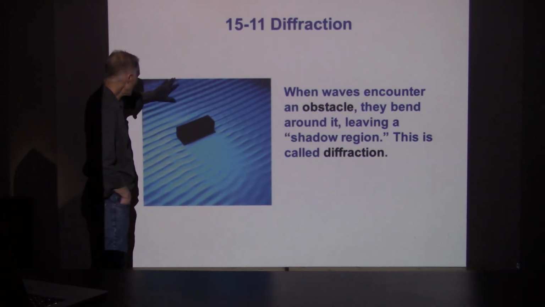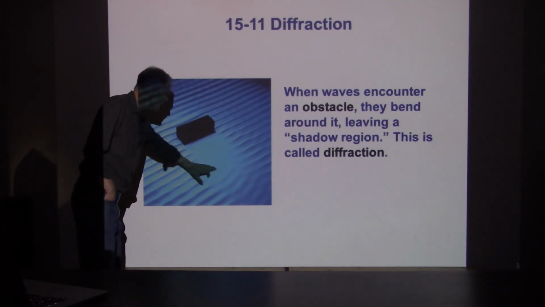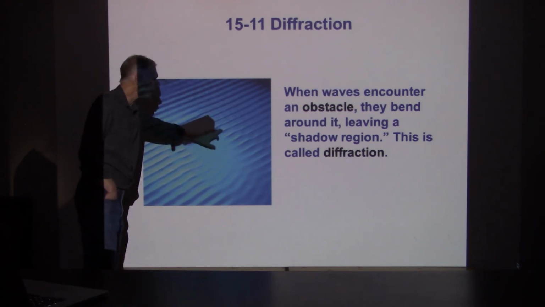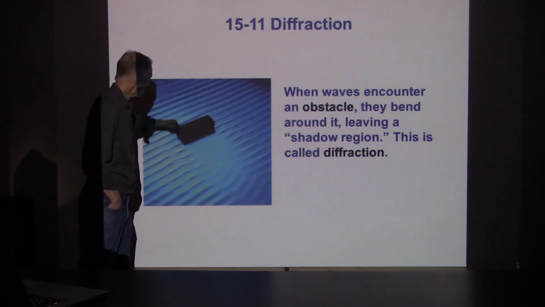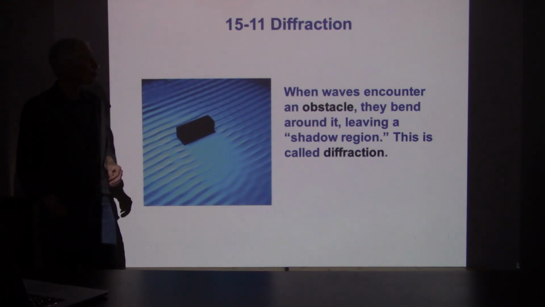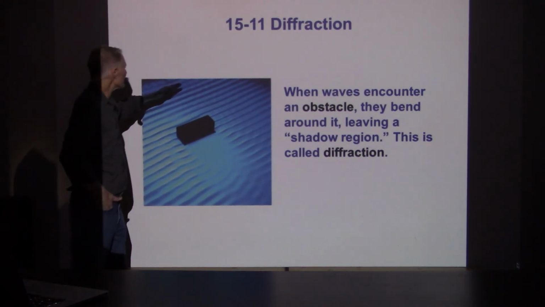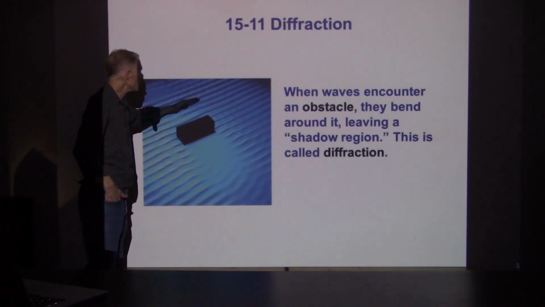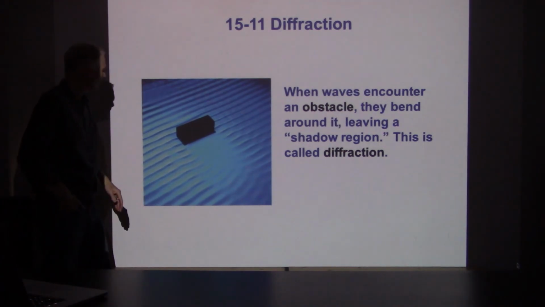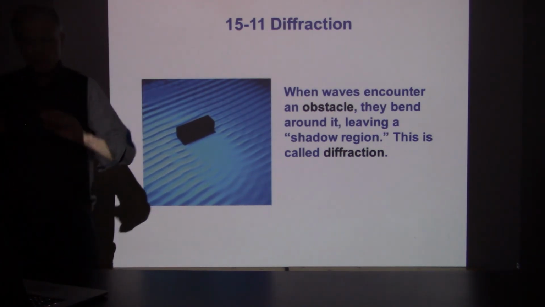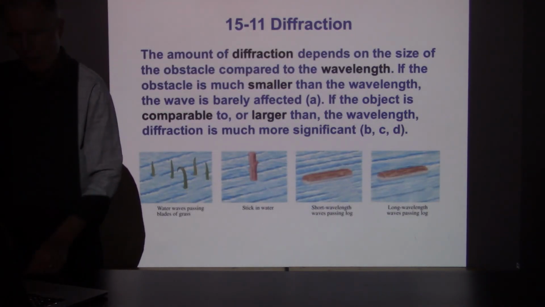So here is some kind of wave set up in a medium, and you can see that there's a shadow region behind it, and this is referred to as diffraction. So when we look at wave patterns, we have these nice straight wavefronts, and then there's an obstacle, and the waves have interference effects that take place around those obstacles.